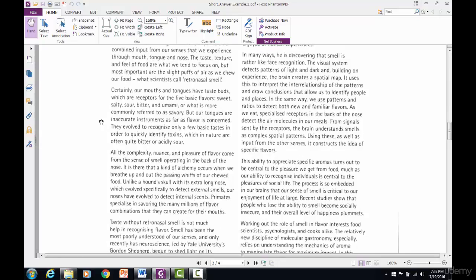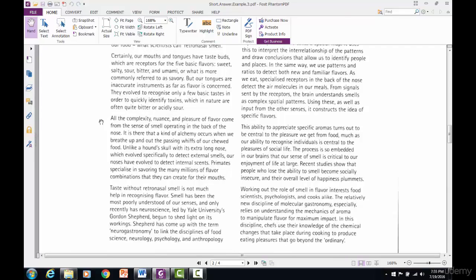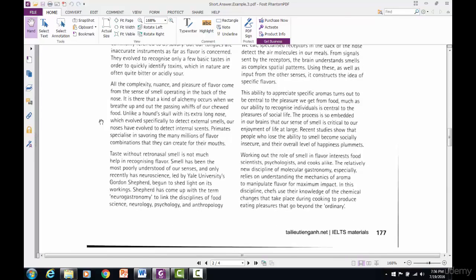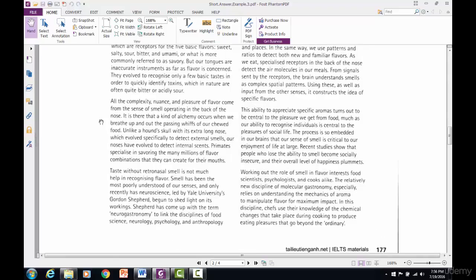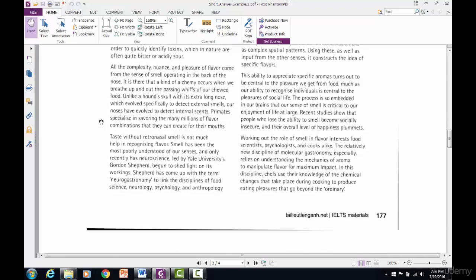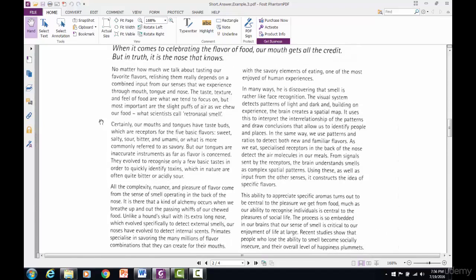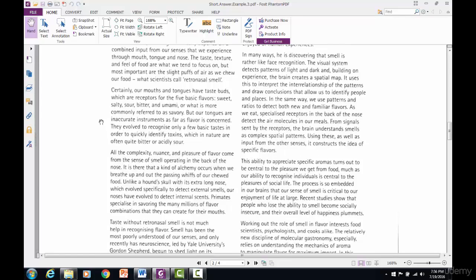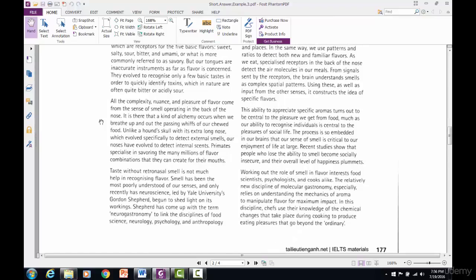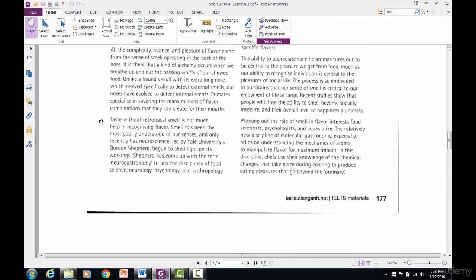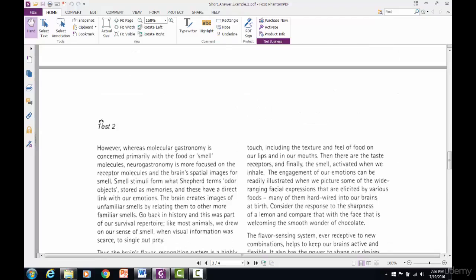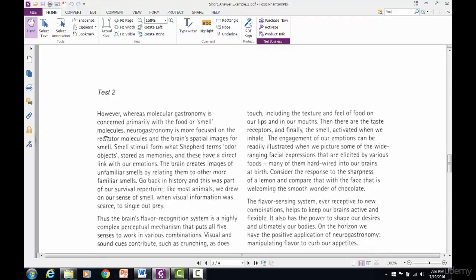We're scanning, and we're scanning, looking for odor objects. I don't see it yet, but we're scanning for it. Oh, there it is. Odor objects.